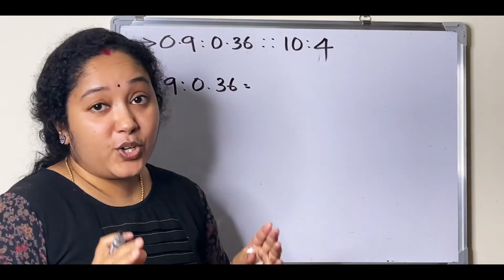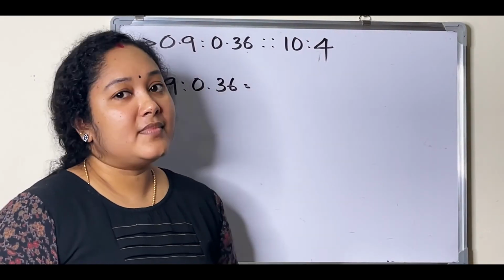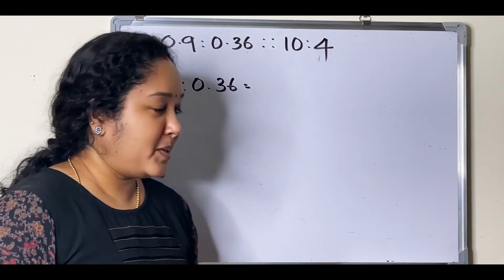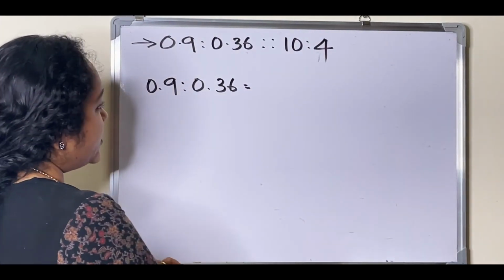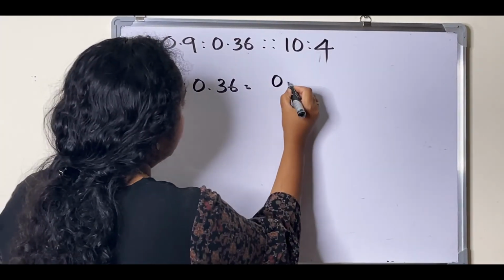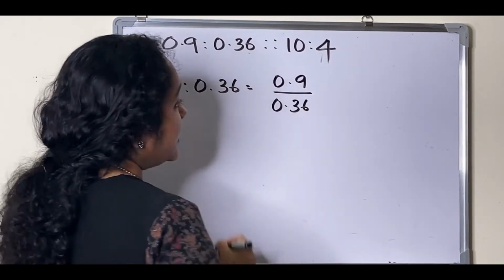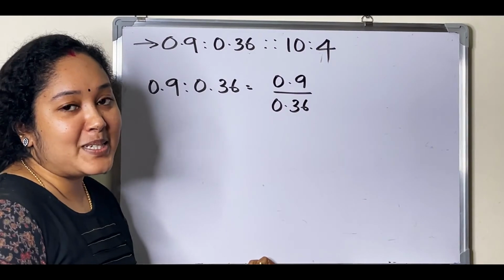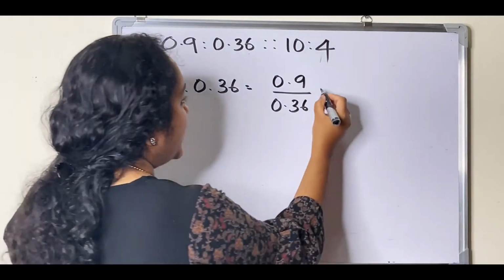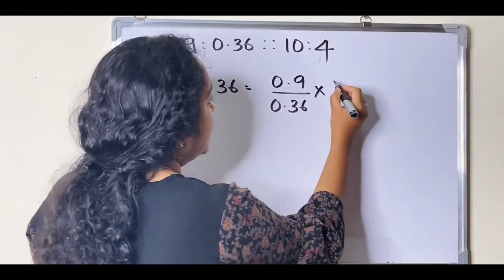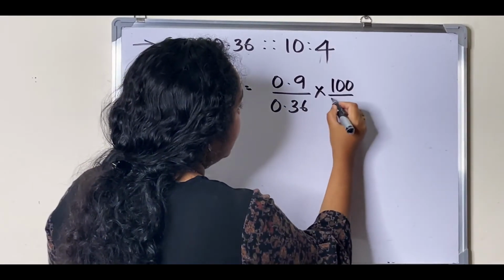If the lowest terms are the same, the ratios are in proportion. So 0.9:0.36 can be written as 0.9 by 0.36. These two numbers are decimal numbers. So first remove the decimal point. To do that, multiply by 100.